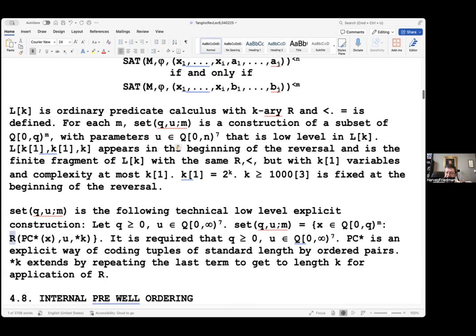See, ordered pairs come up in here. We want to code by ordered pairs. Later, we're going to see that we want to code sequences of ordered pairs by ordered pairs. Various things come up. Standard length by ordered pairs. Star K extends by repeating the last term to get the length K for application of R. Yeah. So we talked about this some time ago. This star K notation is to stretch a bunch of stuff to have length K so I can meaningfully apply R, because R is a K-ary relation.